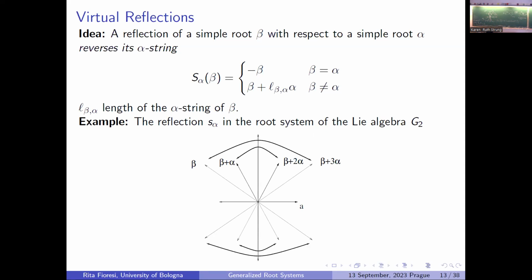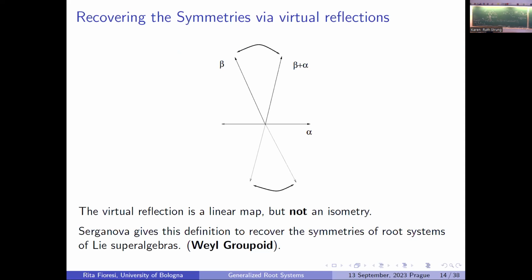And this is what Serganova does. Now, if you really understand this, you realize that there is a lot of potential because you could do the same when there is no symmetry, right? So this thing has no symmetry, there is no reflection, but you can switch the alpha string. Why not? And actually it works. So you create a new symmetry that will not be preserving angles, lengths, whatever, but it will be combinatorial, not an isometry.